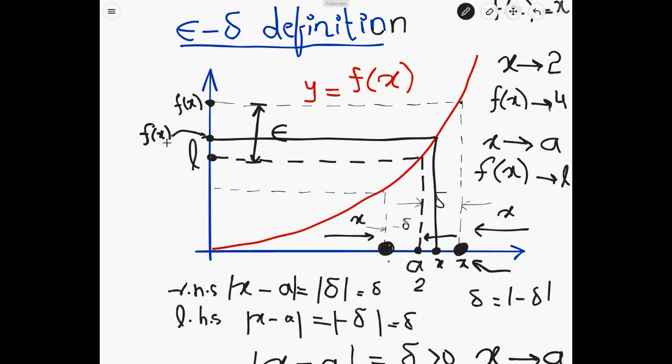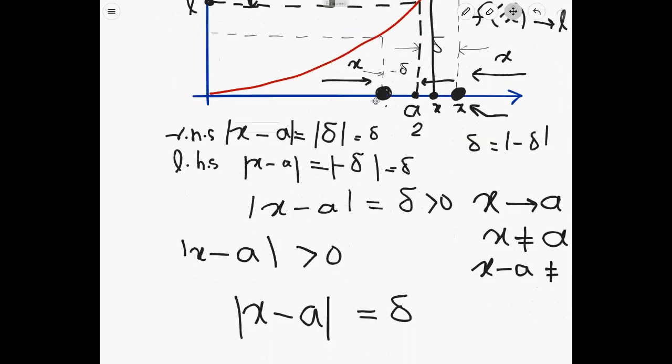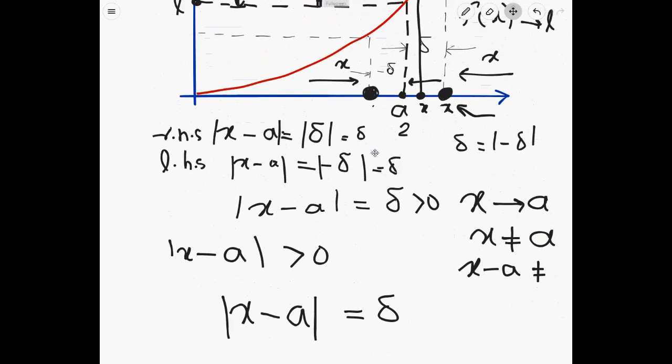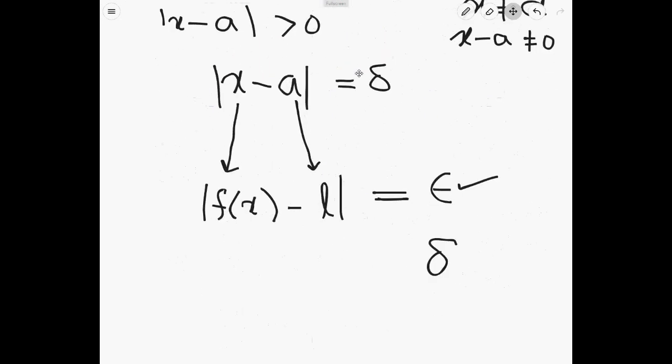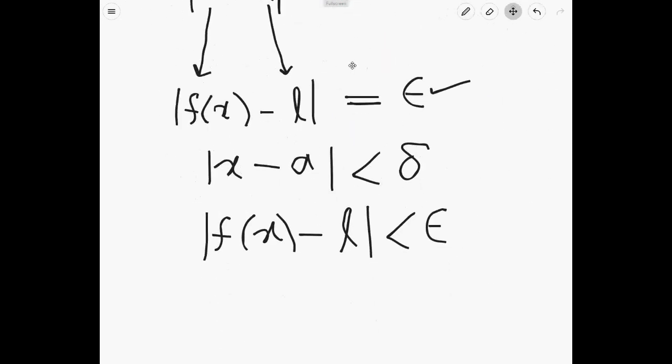Now the difference between f of x and L is this one, which is smaller than epsilon. Therefore I wrote that minus epsilon is less than f of x minus L is less than epsilon. This statement now completes the definition of the limit of a function.